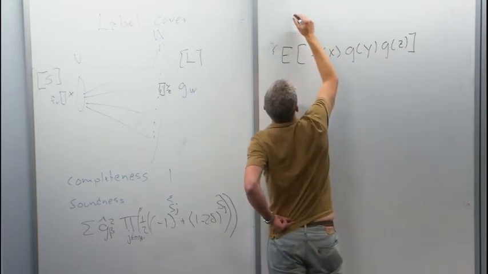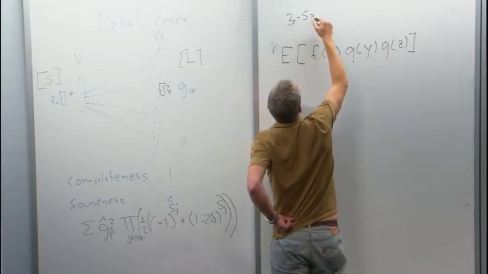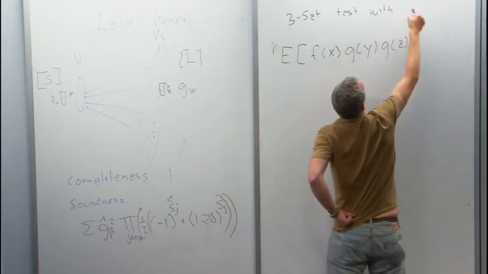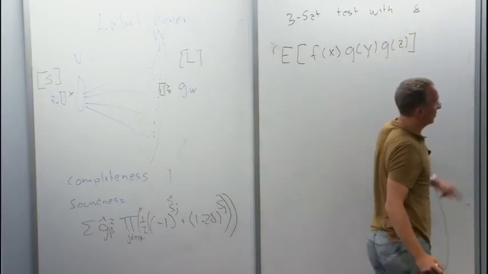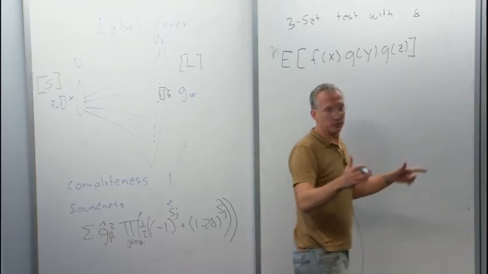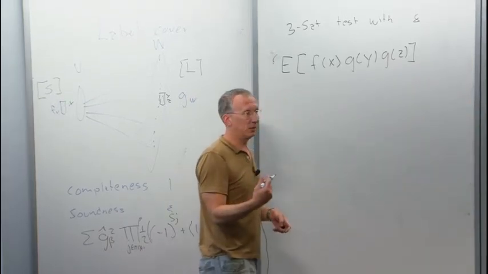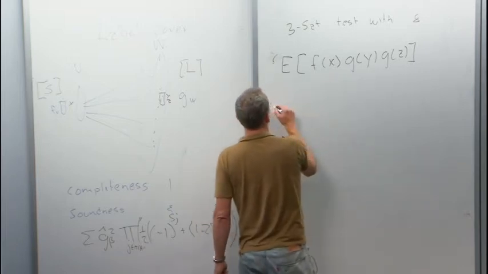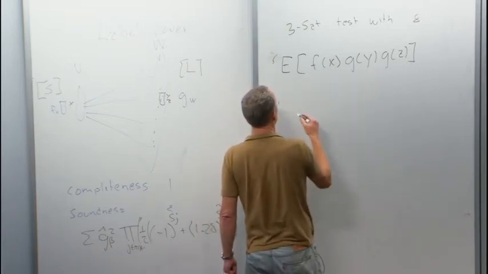So now we have our 3-SAT test with delta. We'll later choose delta randomly from delta 0 to delta k with equal probabilities, but let's just call it delta. And we just do this.